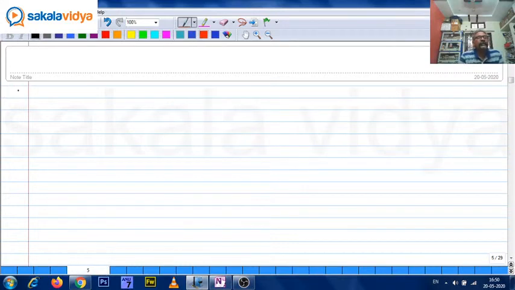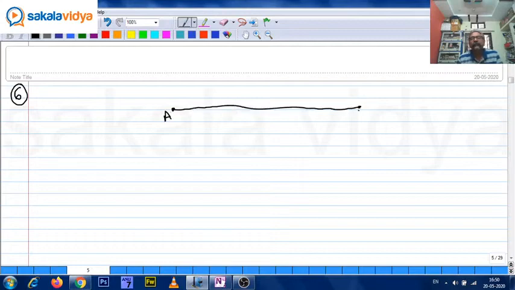Now the sixth point we shall discuss: points of trisection. For example, take a line segment AB. Let us divide this line segment into three equal parts. This is the first part, second part, third part. This is equal to this, and this is equal to this.